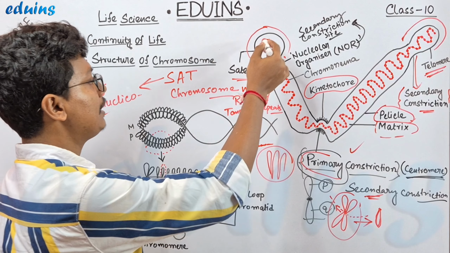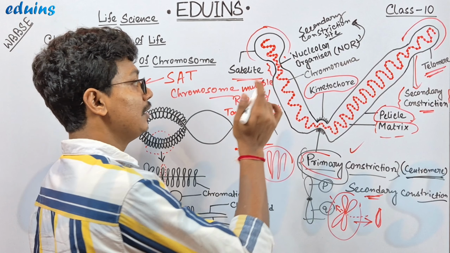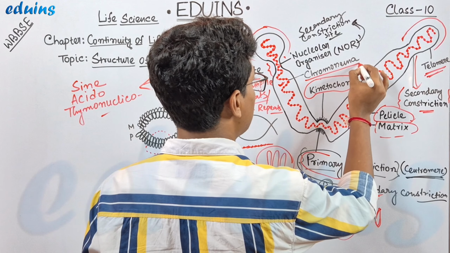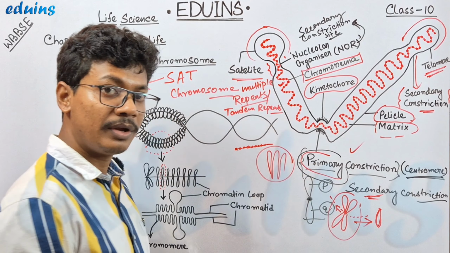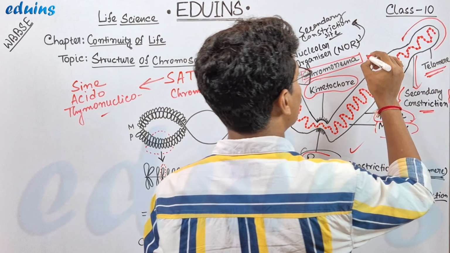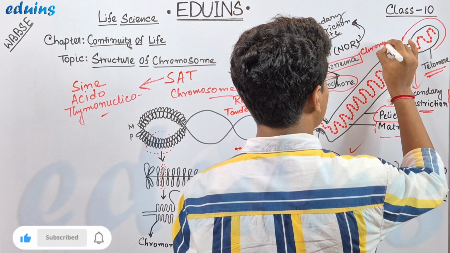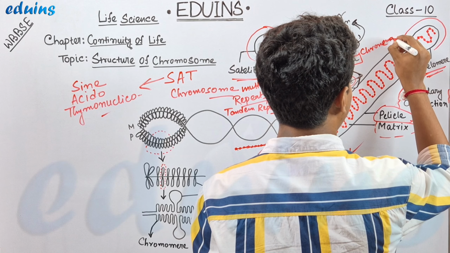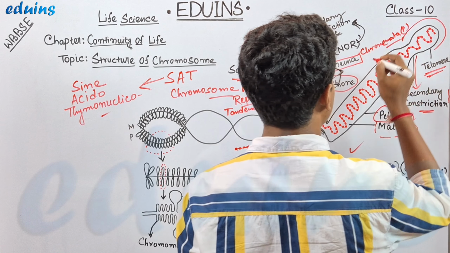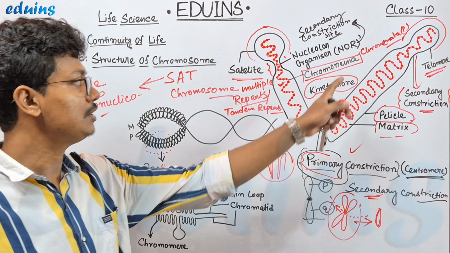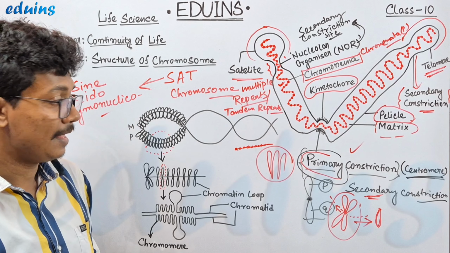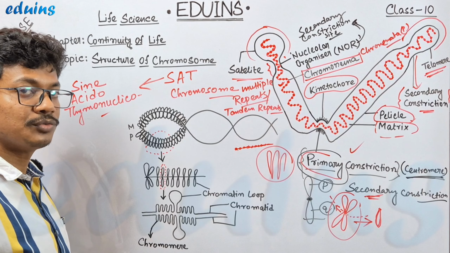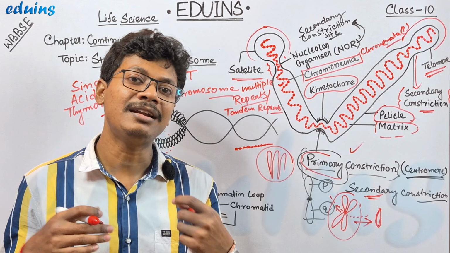If we go to the microscopic structure of it, these parts are known as chromonema, and in plural, chromonemata.